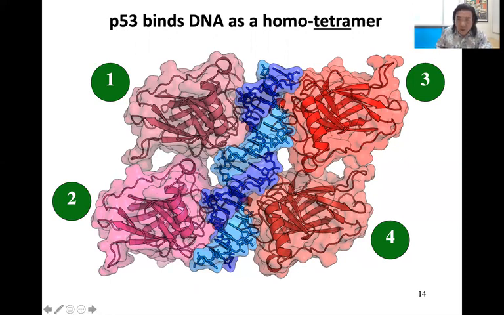Importantly, all 4 of these need to be able to have a functional DNA binding domain in order for them to contribute to the whole tetramer being stable on the DNA. If any of these had a compromised DNA binding domain and could not bind to the DNA, but yet could still bind as part of a tetramer, it would just end up messing up the ability of the tetramer to actually associate with DNA.